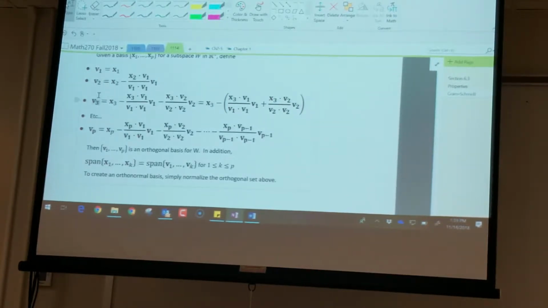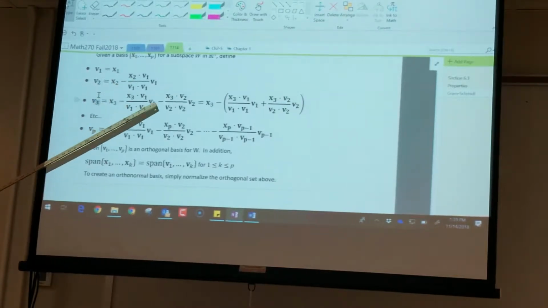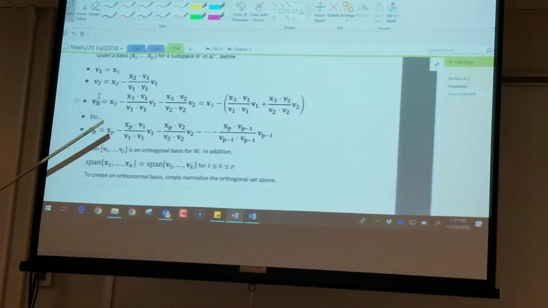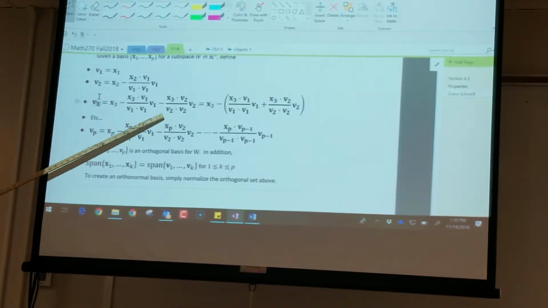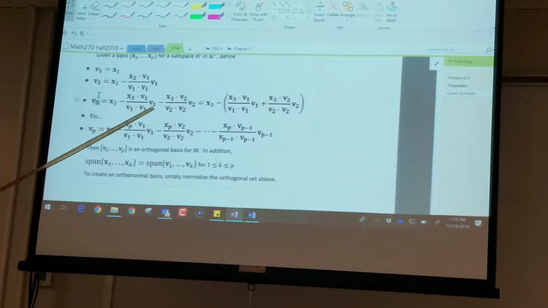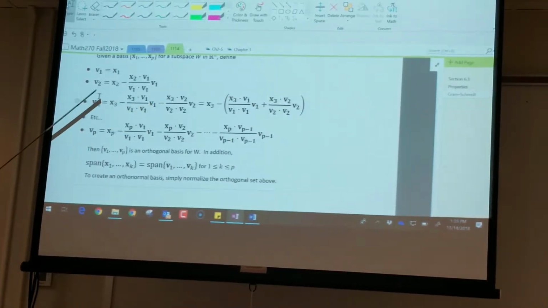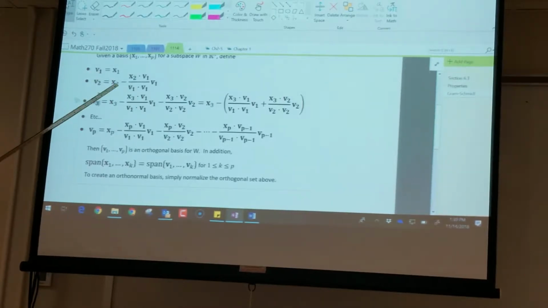How do we remember the order in which this happens? Well, if you just look at it, whatever X you're dealing with is going to be part of the dot product in the numerator. The denominator's dot product is a dot product of a vector with itself. That vector is just the vector that you're projecting onto, going from V1, V2 to V3.